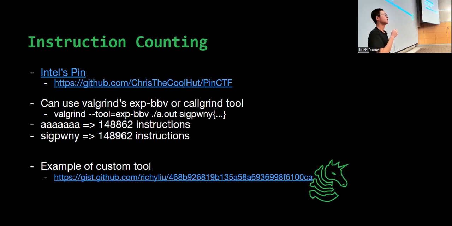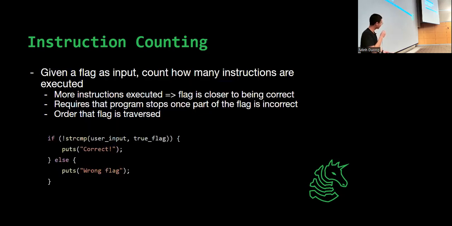Is there a question? How does instruction counting work? Well, as I've explained earlier, string comp under the hood might be implemented by something like a for loop, where it loops over all the characters of both of the strings and then breaks out of the loop if one of them is different.